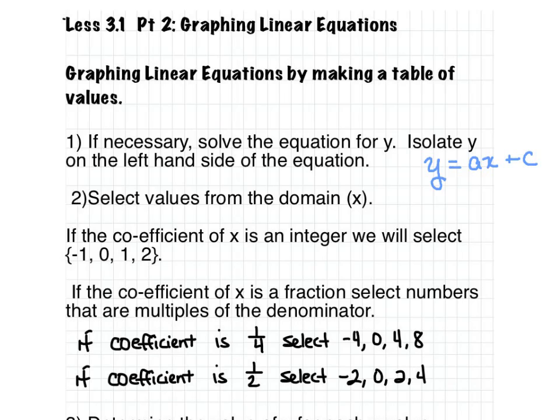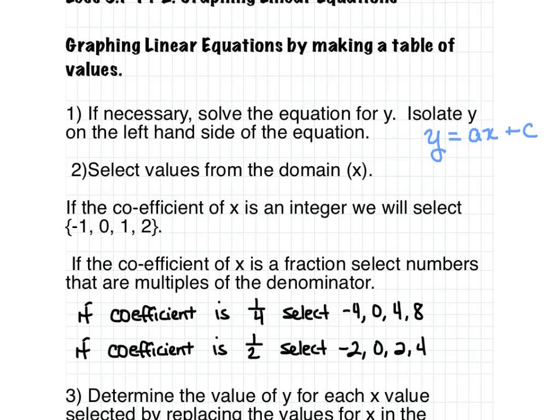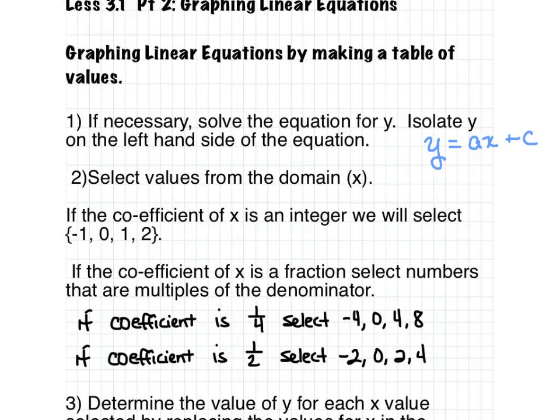So if your coefficient, for example, is 1/4, the values you're going to select to write your table of values are -4, 0, 4, and 8. The multiples of 4. Another example, if the coefficient of x is 1/2, then select the following members of the domain: -2, 0, 2, and 4.